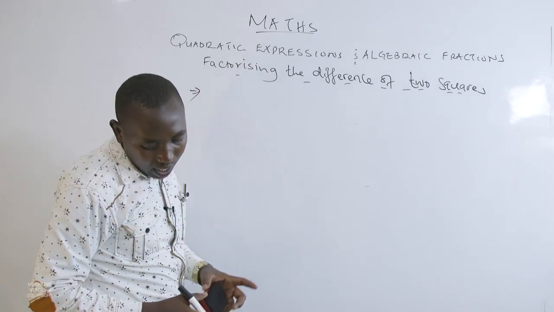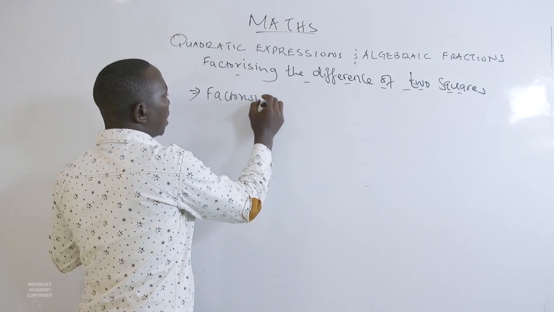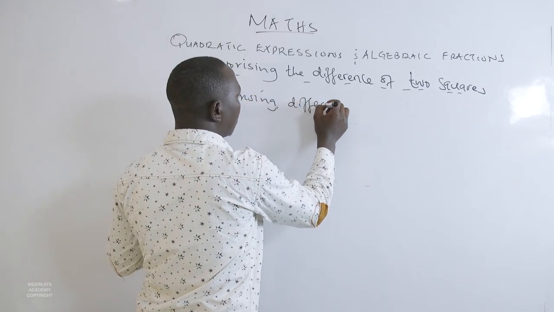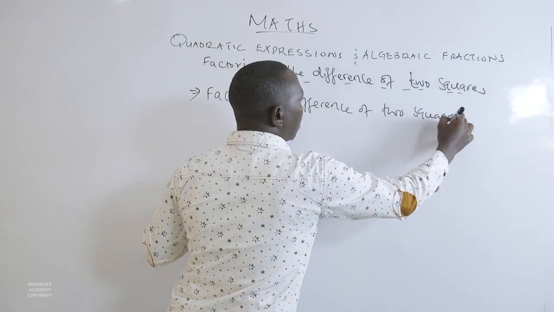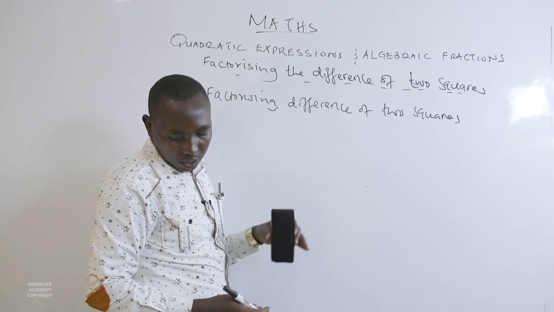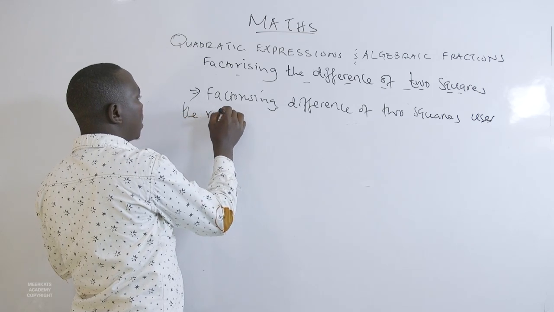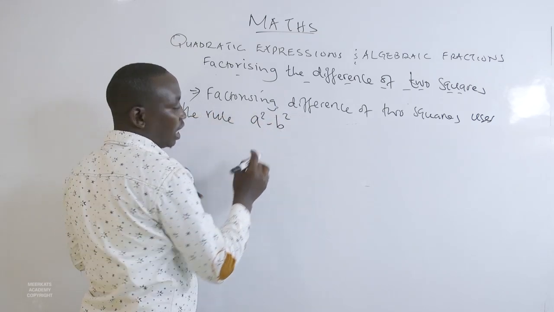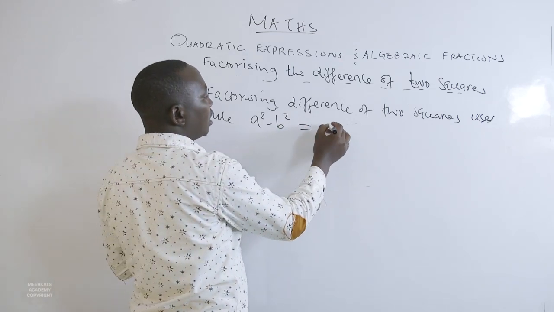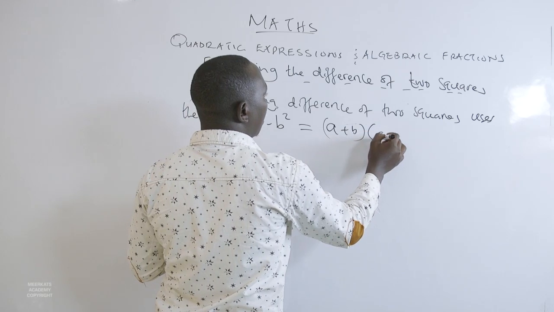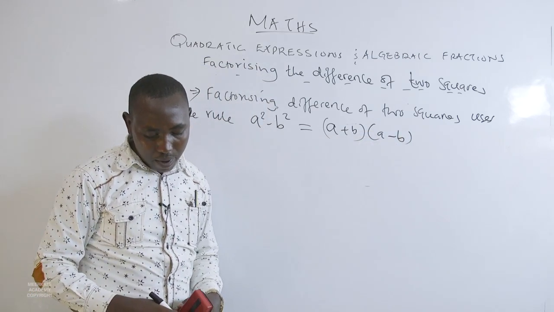One is that factorizing a difference of two squares uses the rule a squared minus b squared is equal to, we had done it, a plus b, a minus b, where you inspect for the square root of the two numbers.